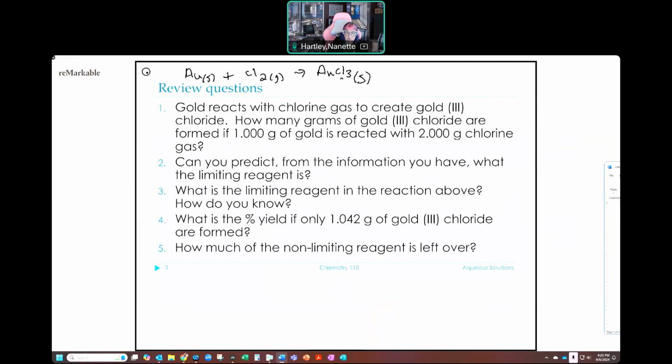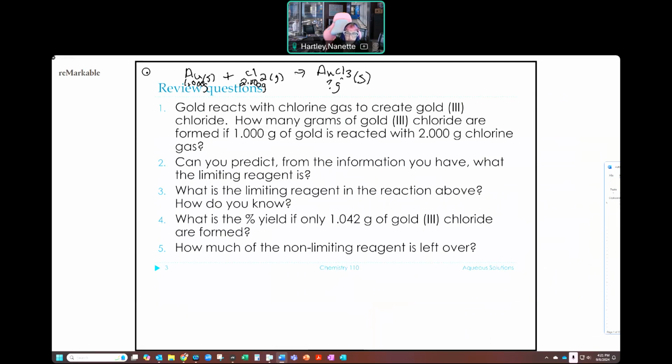Now, how many grams of gold-3 chloride, how much of this stuff do I get in grams if I have 1 gram of this gold? That's 1.00 grams of this gold reacted with 2.000 grams of the Cl2 that I start with.